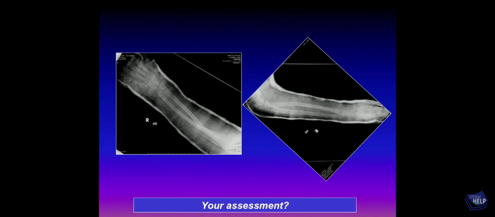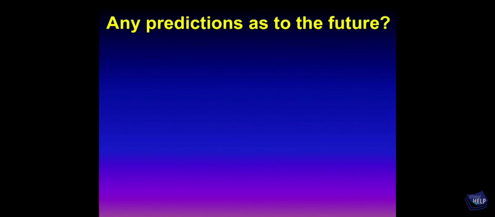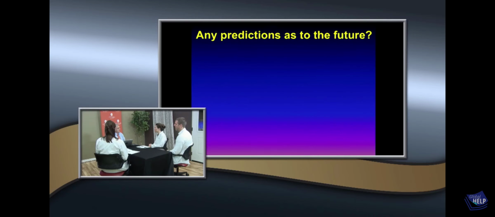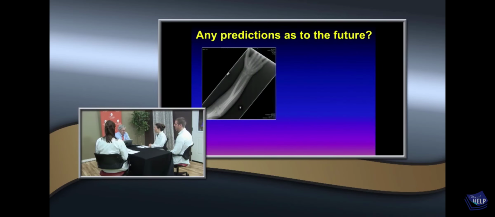They put him in supination. That seemed to be the thing to do because it was already kind of supinated. The angulation is probably acceptable, but your assessment is that it was placed in supination. So what's going to happen? It's going to get worse. Well, it may not get worse, but if you leave it at that degree, what's going to happen with the patient's function? Well, here he is.